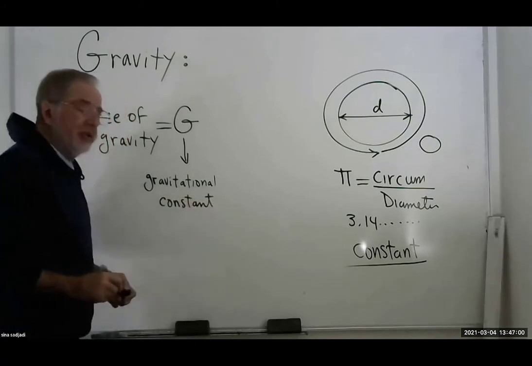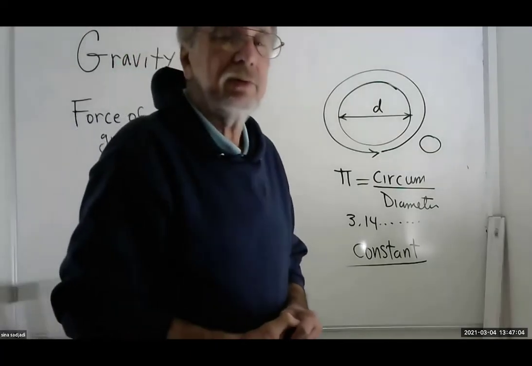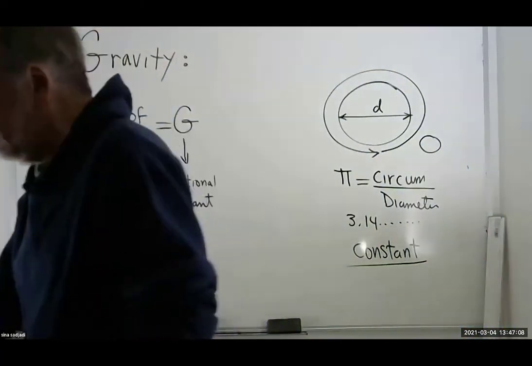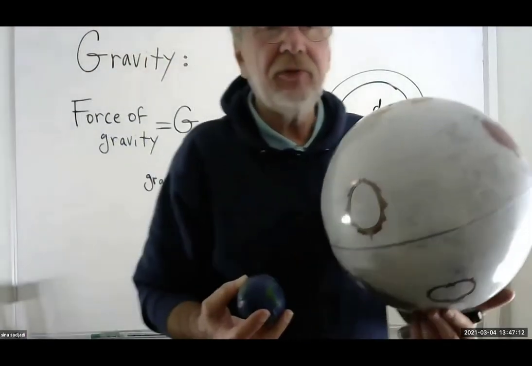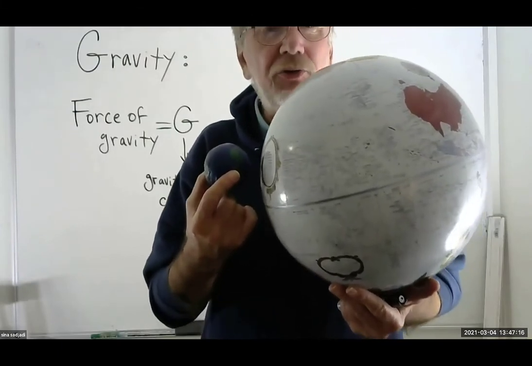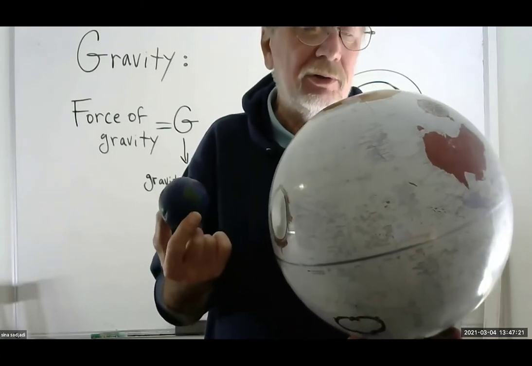Now, this gravitational constant has to do with the mass in our universe. And so the way they actually figure it out is like this. They get two balls, very massive. This big one is massive. This small one is not that massive. And they're attracted to the Earth, right? And also the Earth is attracted to them, by the way.